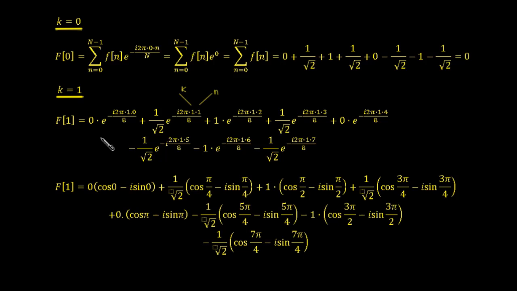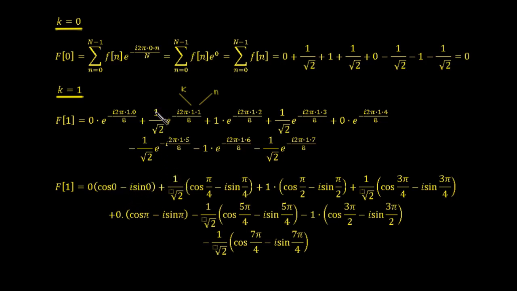So now we replace the value e to the minus i theta with our identity, which is e to the minus i theta equals cos theta minus i sine theta. So we'll replace this here: we'll have 0 times cos of the angle, that's going to be 0, minus i sine of 0.